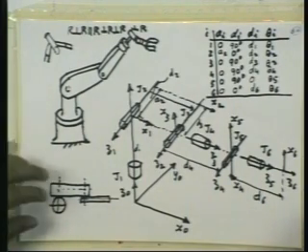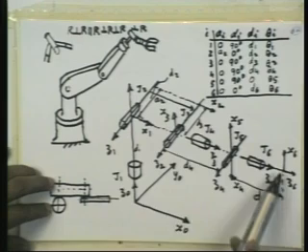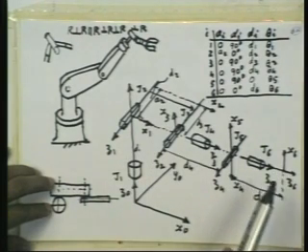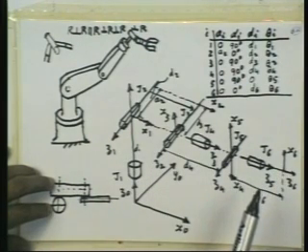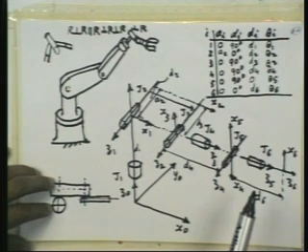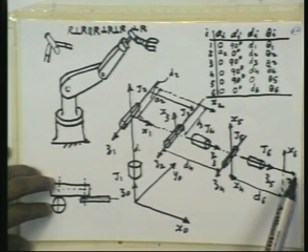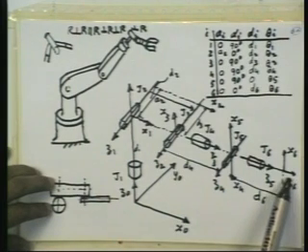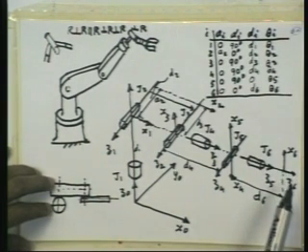I would like you to look at the skeletal diagram of the mechanism that we had drawn earlier for setting up the reference frames. Remember, what is given are position and orientation of this reference frame x6, y6, z6.